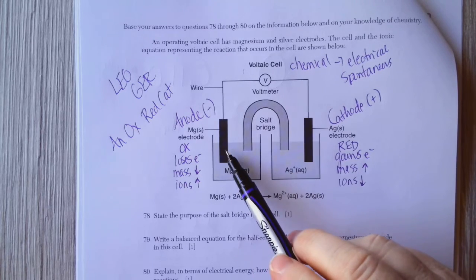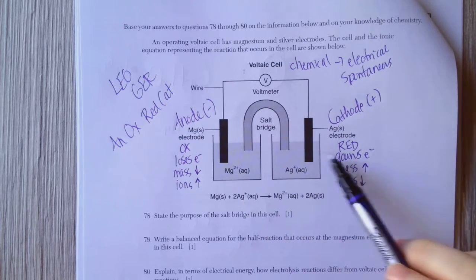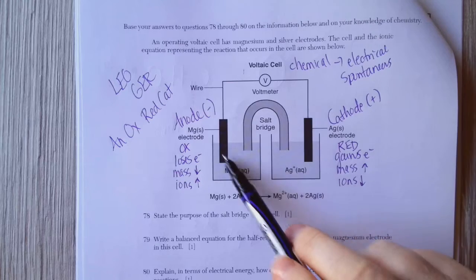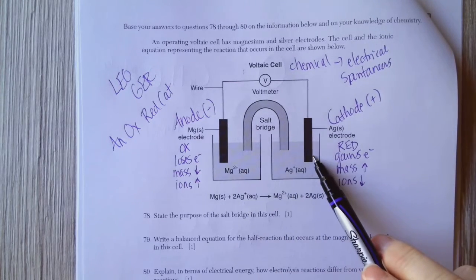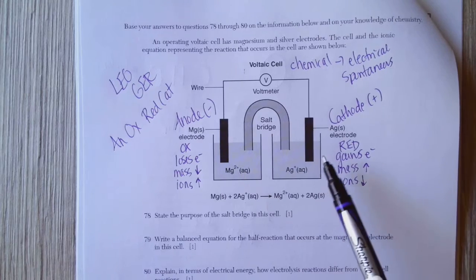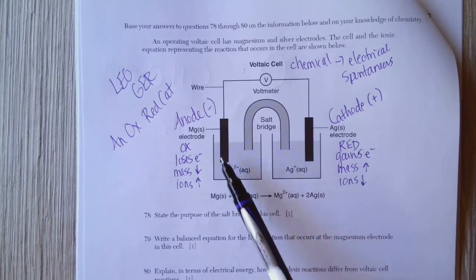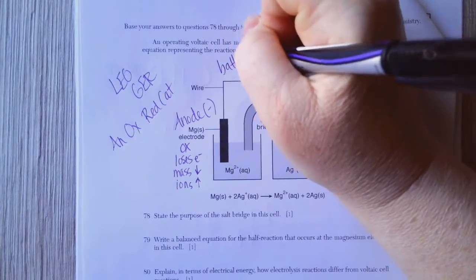So in this case, we're losing the atoms and they're becoming ions. And on this side, we're losing the ions and they're becoming atoms. So the size of this piece gets smaller and smaller, and the size of this piece gets bigger. When we run out of this, then the battery stops working, because this is literally a battery.